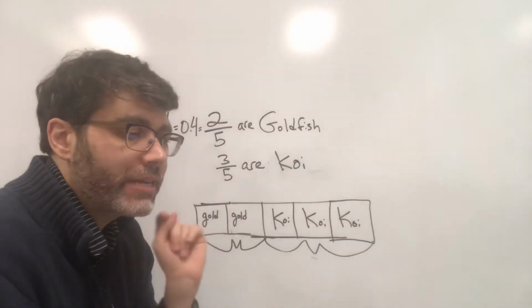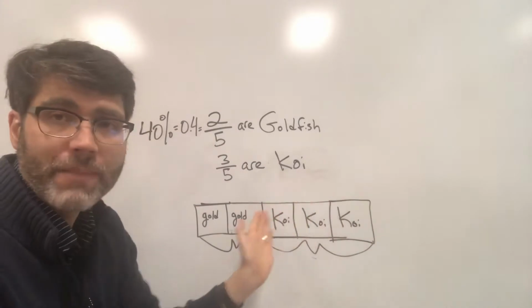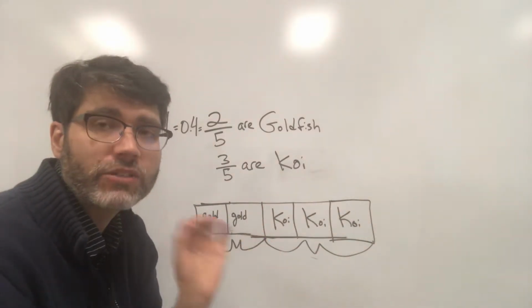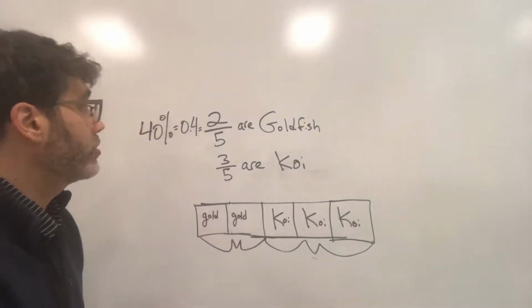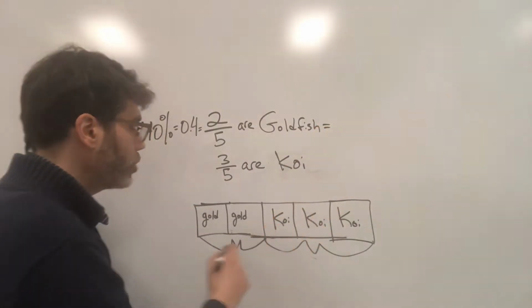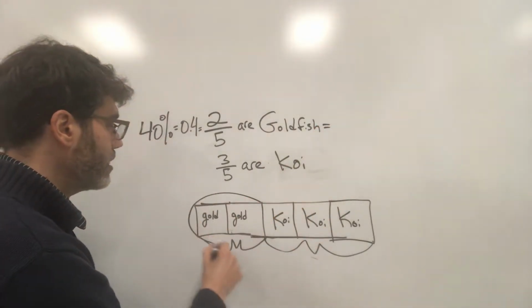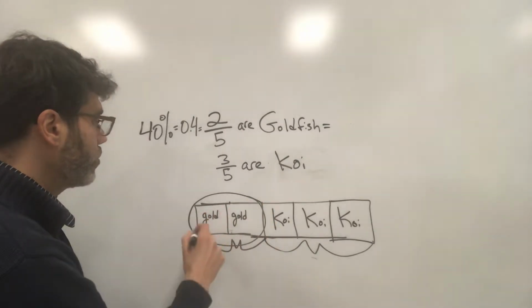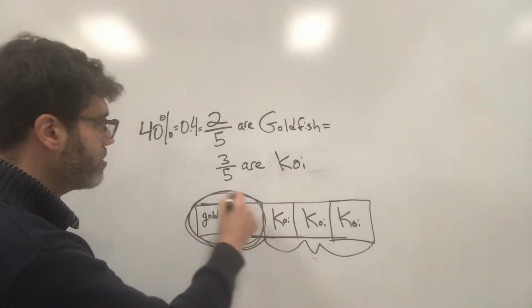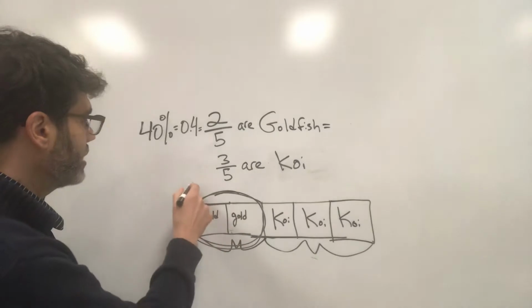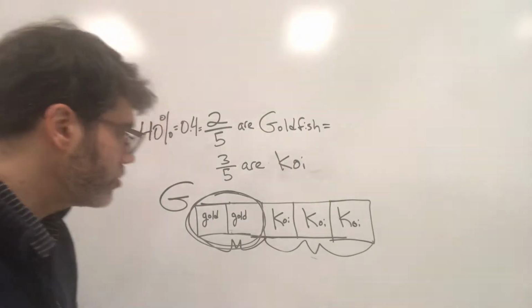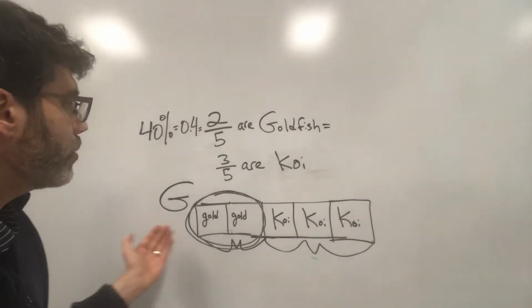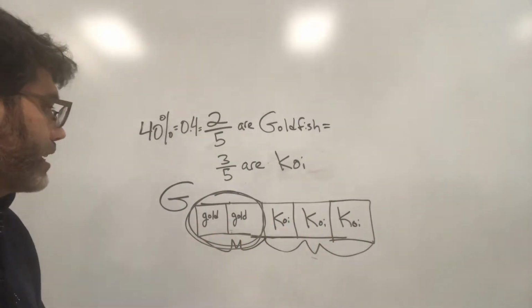So we are being asked to represent that amount of koi at the end of the day in terms of G, where we call G the total amount of goldfish. So the total amount of goldfish is represented by this big G right here. Let's use this illustration to help us out.